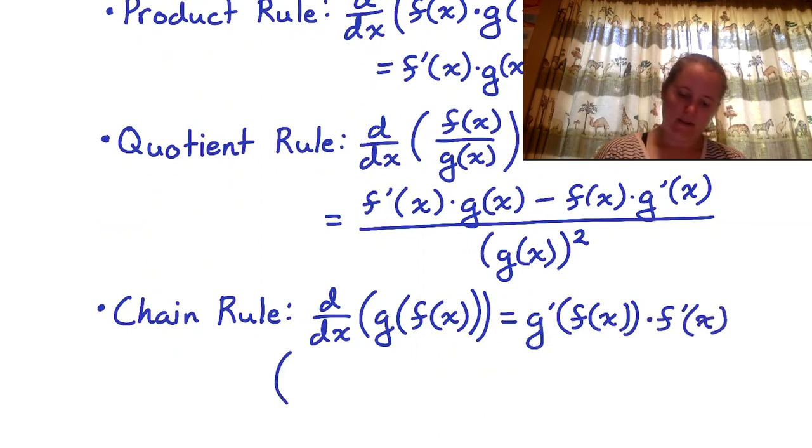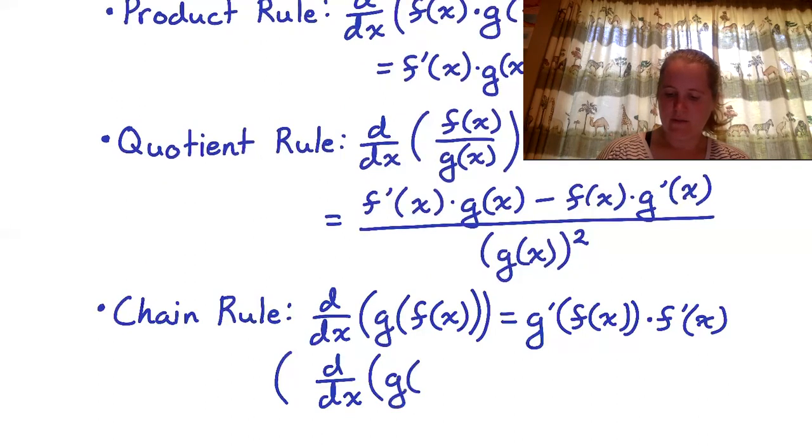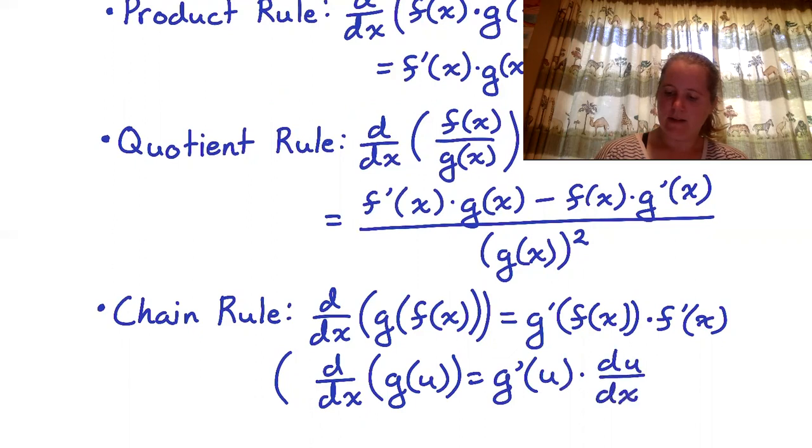We also saw this as, if we wanted to take the derivative with respect to x of, say, g of u, we did g prime of u, the derivative with respect to u, times the derivative of u with respect to x.